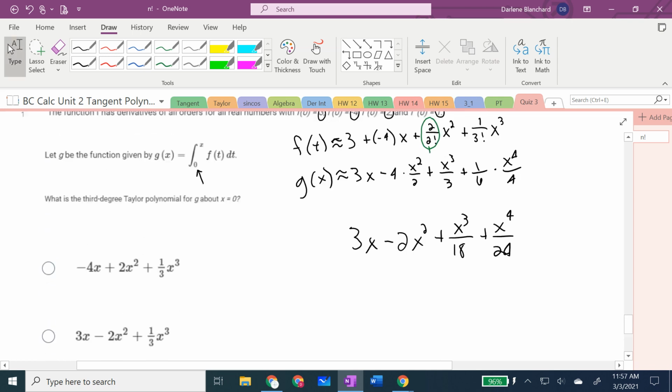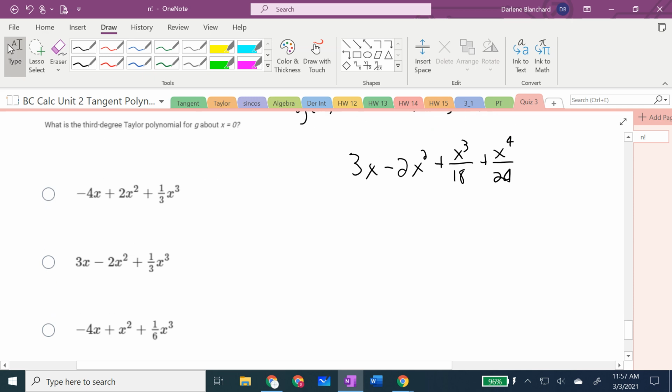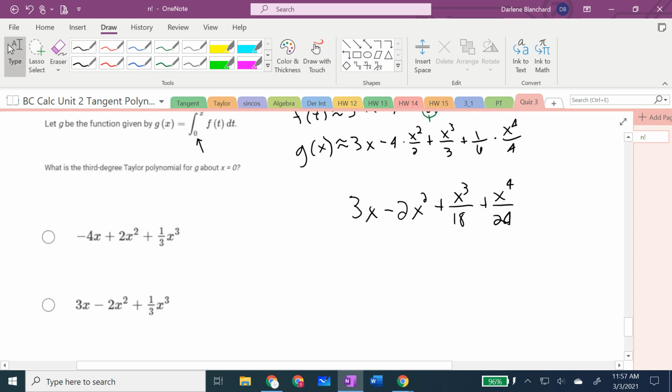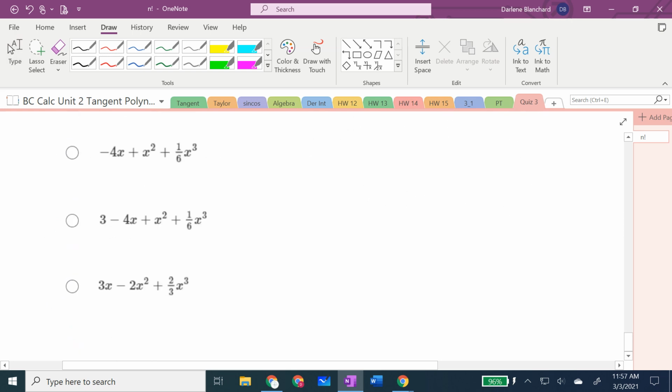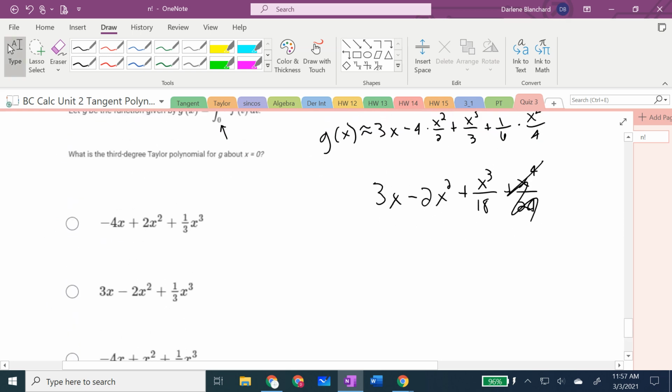Wait. Did I error? Because I'm not... Oh, I don't have an x to the 4th term in there. Silly me, I was focusing on that one. So I'm looking for x cubed over 18 on the right end, and I still don't see that. Why not? What did I do?